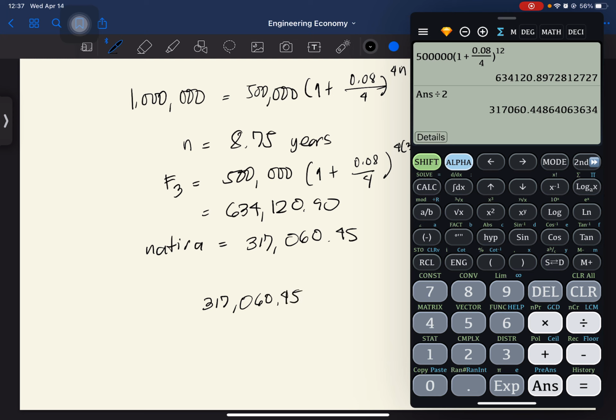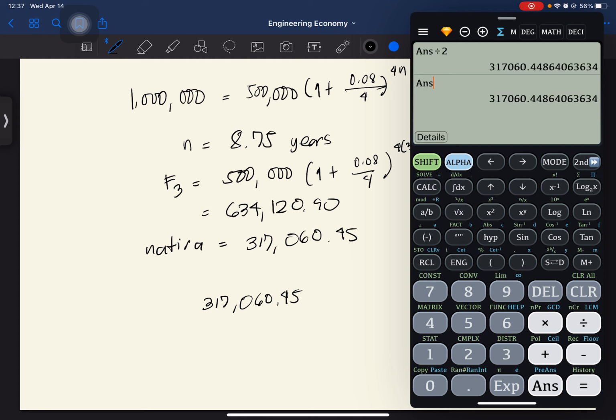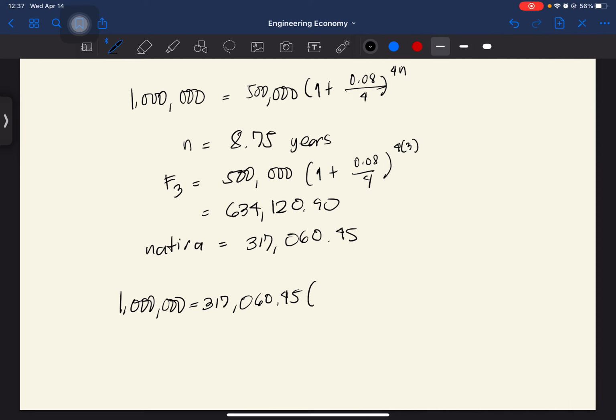Store natin sa A. Okay. Ang future worth niyan is 1 million, di ba? 317, 1 plus 0.08 raised to 4 over 4. For ilang years ang aabutin?